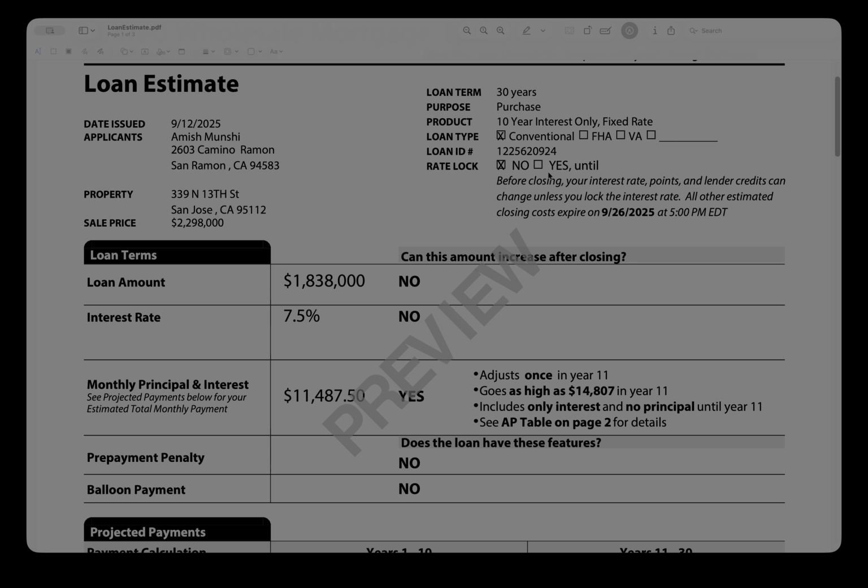So unless you get a locked loan estimate, it's not confirmed. Most lenders will not lock the rate till the time you are sure that you are proceeding with that lender. So it's okay to get an unlocked loan estimate just to get an initial quote. And once you confirm that it's good, you sign the initial disclosures. At that stage, we generally lock the rate.